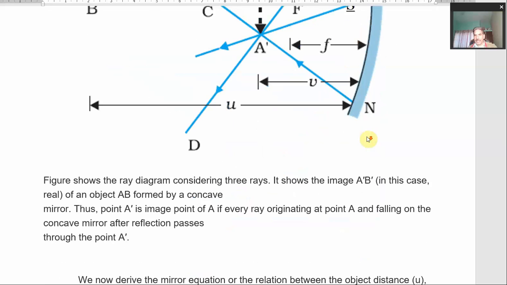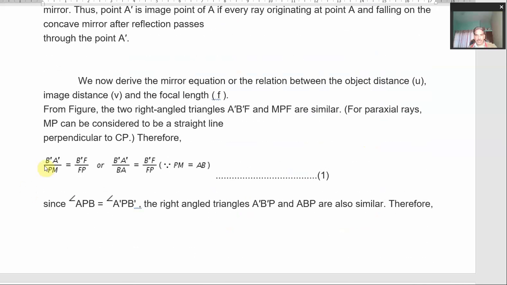So we can say the ratio of the corresponding sides. The two triangles are A'B'F and MPF. We are not writing MSF here because S lies very close to P, so we just take S to be P. That is why we are writing it MPF. So the ratio of their corresponding sides is the same.